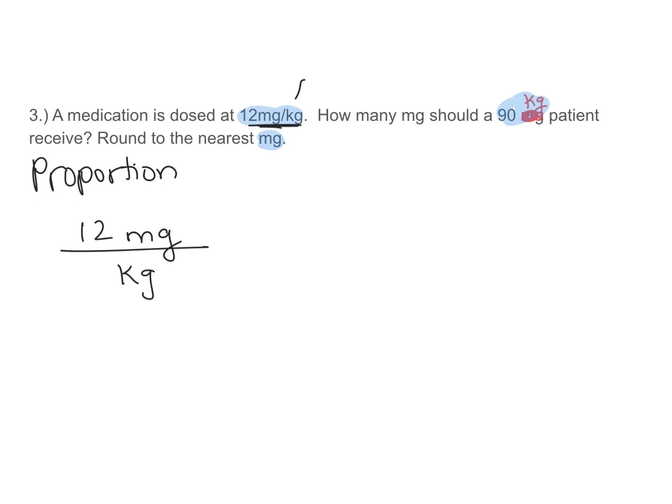And really, I know there's no number in front of the kilograms. That's just assumed to be 1. So that would be my left side. And then my right side, we are given the weight of the patient, which is 90 kilograms. Make sure that when you do your proportion, the 90 is going to match and both be on the denominator. And then the x is our unknown.